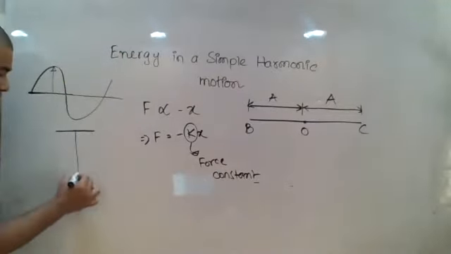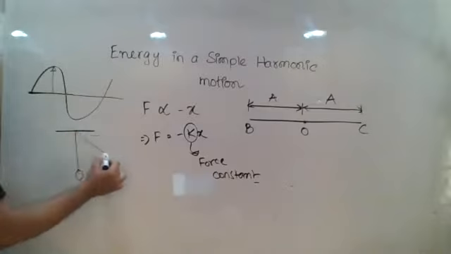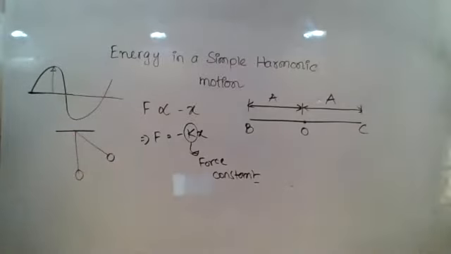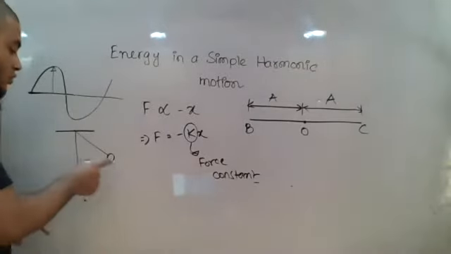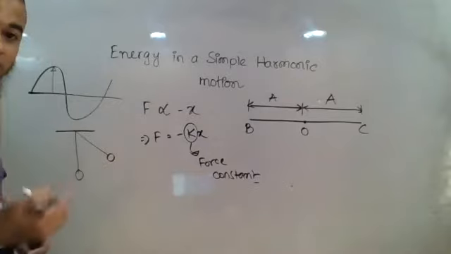Whenever there is a simple pendulum and you cause it to have some displacement, definitely you have done some work for taking this object from here to here, right? That amount of work will be stored as potential energy in this object, and that is half kx square.